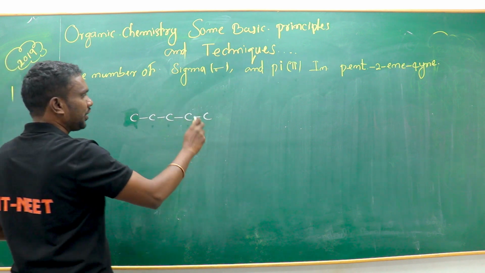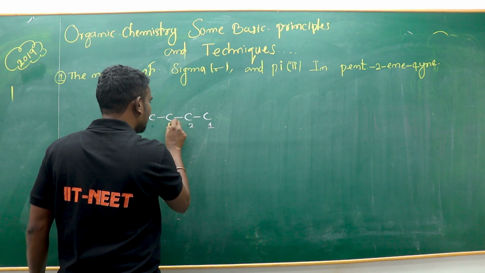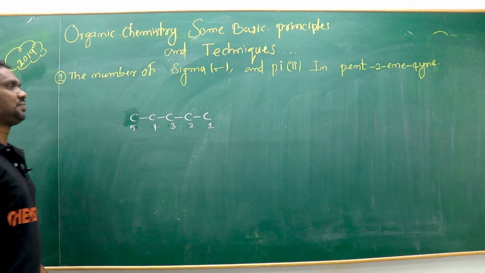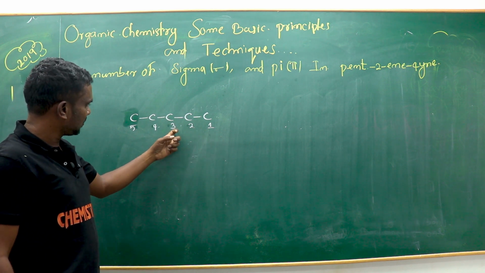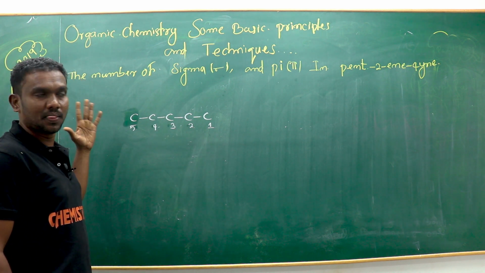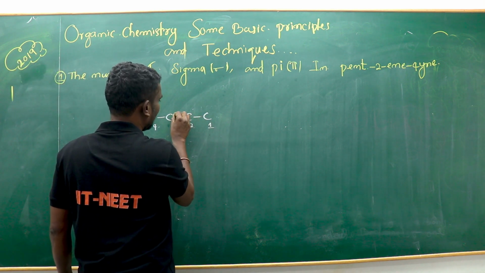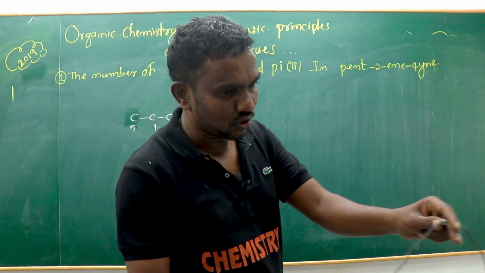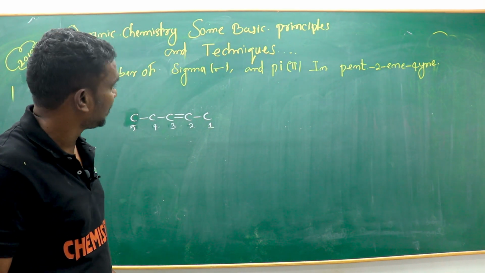Pent and 2-en. So I consider this first carbon, this is second carbon, third carbon, fourth carbon, and fifth carbon. Clear? Now see, 2-en. Beta ji, pay attention: this belongs to the primary suffix.